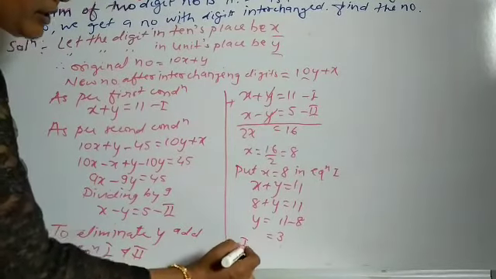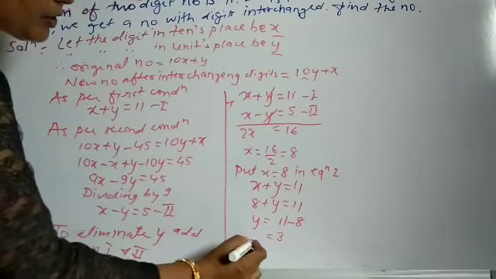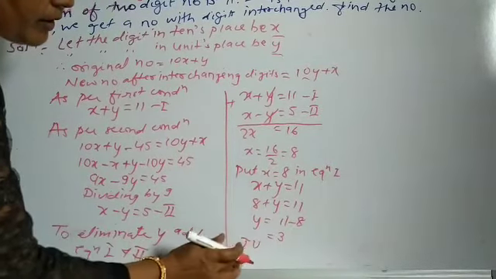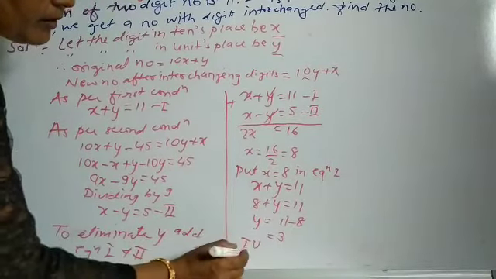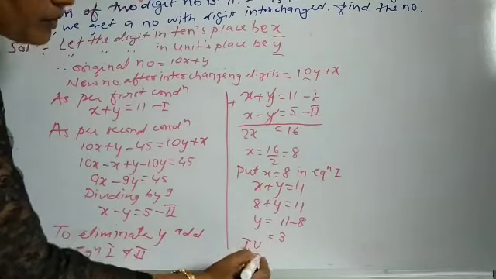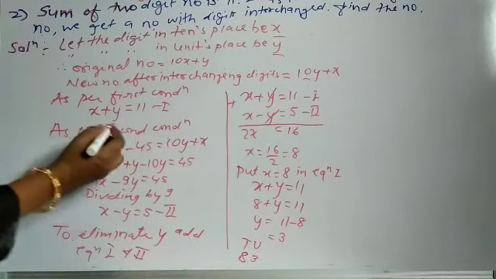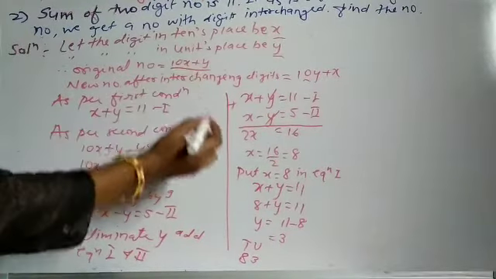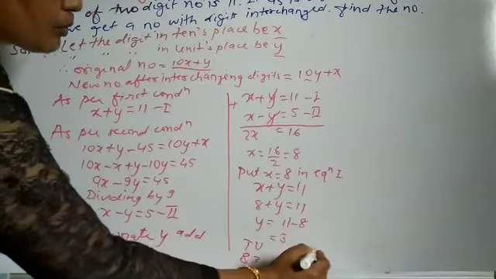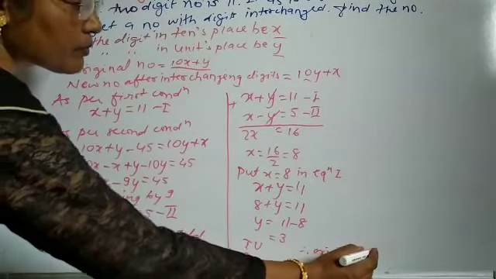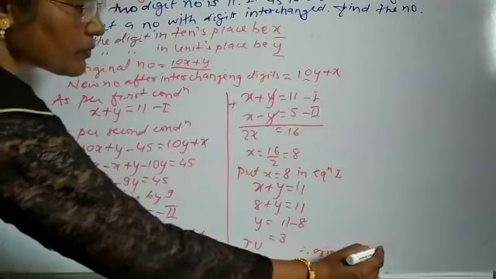So the digit in tens place is x, which is 8, and the units place digit is y, which is 3. So the original number is 83. Or you can substitute the values of x and y in the original number and you will get the same answer. Therefore the required number is 83. This is the answer.